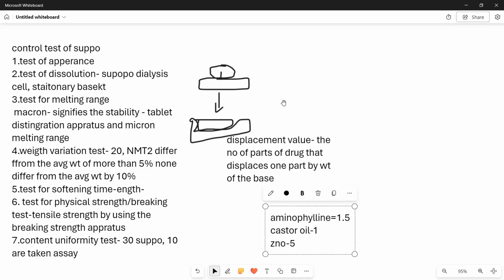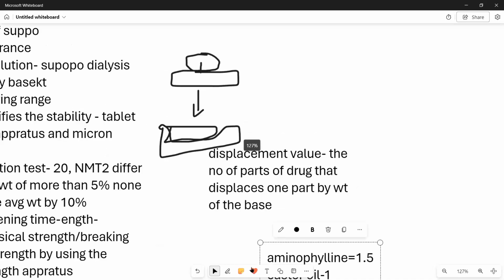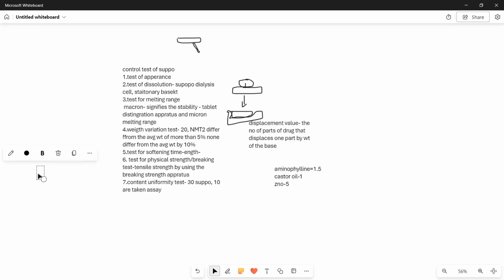Another important thing which I think should be discussed is the glycerol-gelatin base, which is nothing but a mixture of glycerol and gelatin. According to different pharmacopoeias, the ratio of glycerol and gelatin varies.